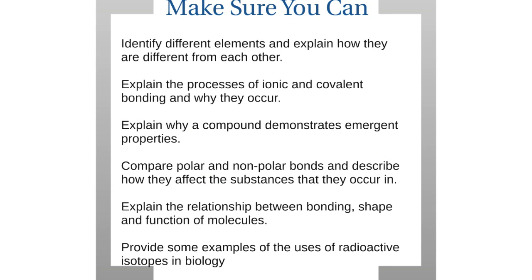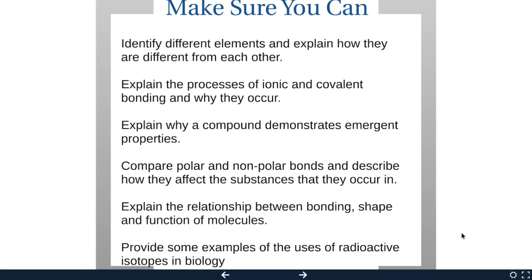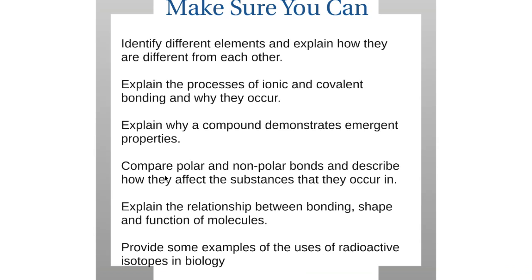Make sure in this section that you can identify different elements and explain how they are different from each other. Explain the process of ionic and covalent bonding, why they occur. So ionic is give and take, covalent is sharing. The idea of emergent properties, about compounds having different properties, different attributes than the elements that make them up. Polar and nonpolar bonds.